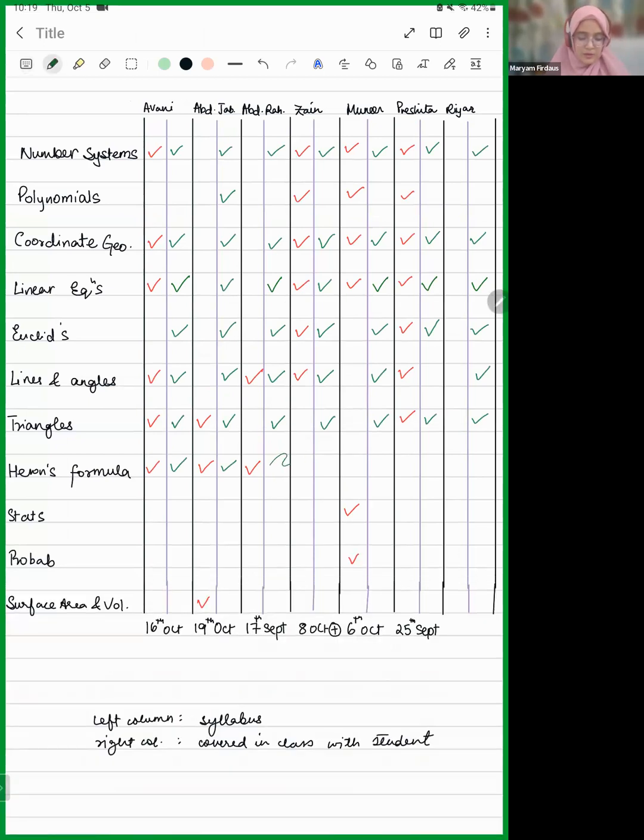We have done Heron's formula for everyone, I think. Zen, have you done Heron's formula? Yes, ma'am. We've done it together. Okay. And Preshita, have we done it in class? Yes? Preshita?